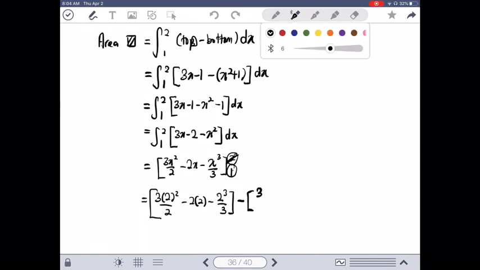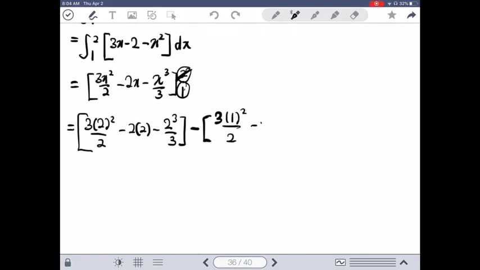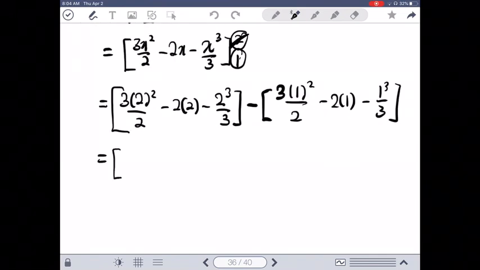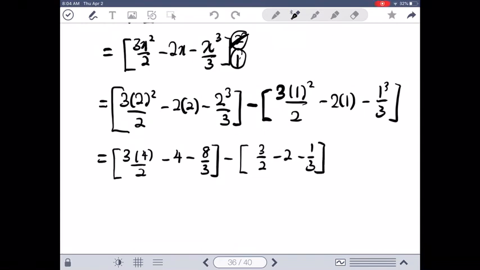So we should get 3 times 1 to the power of 2 over 2 minus 2 times 1 minus 1 to the power of 3 over 3. So we have 3 times 4 over 2 minus 4 minus 8 over 3, minus 3 over 2 minus 2 minus 1 over 3.